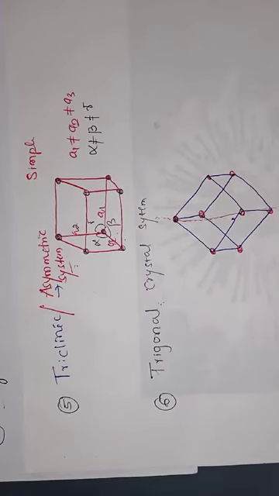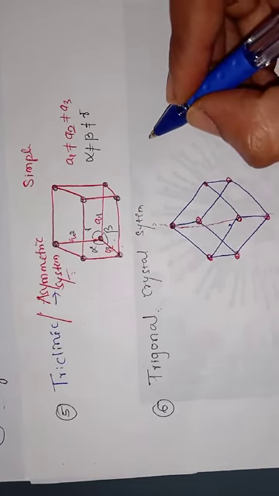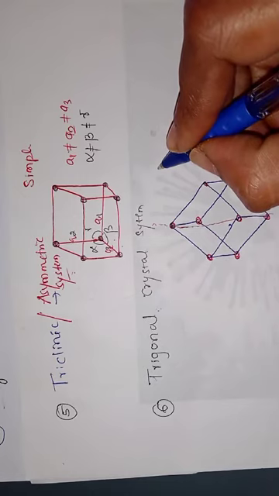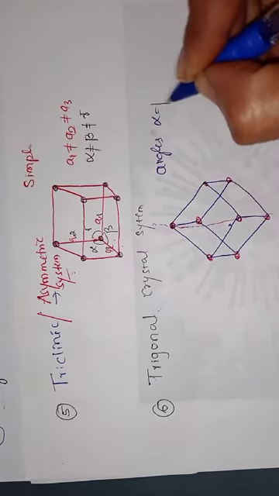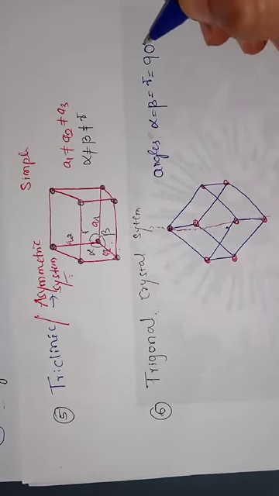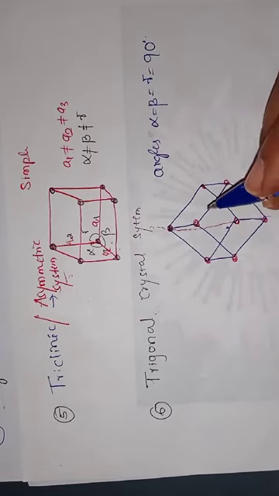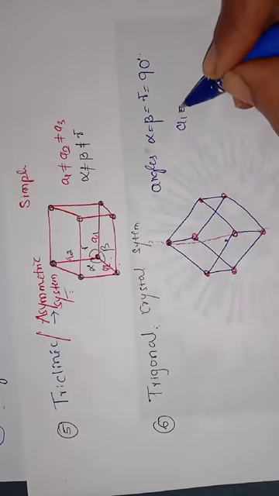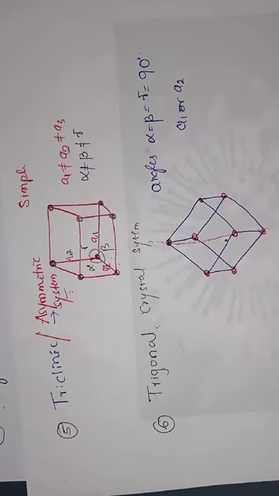In the crystal system, the axis angles alpha, beta and gamma are equal to 90 degrees. Only 2 lateral axes are equal, either A1 or A2, or A1 or A3, or A2 or A3.